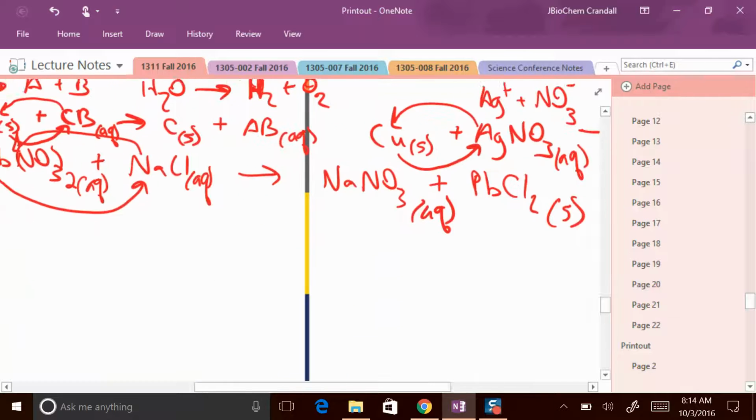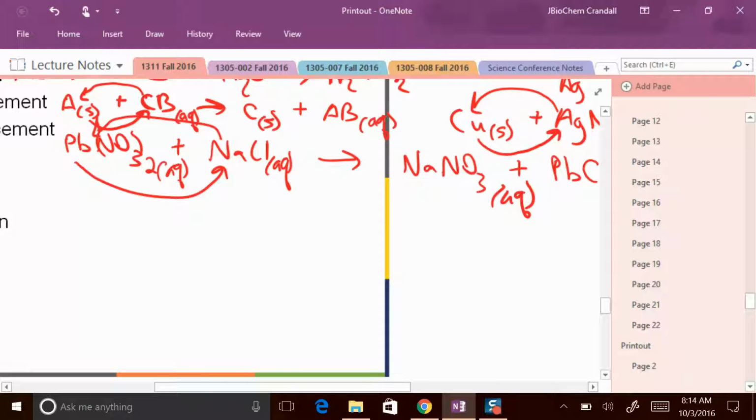Why is it that the potential products could not have been lead, sodium? Let me just write it like that. Why could that not have been? Or what about this one?